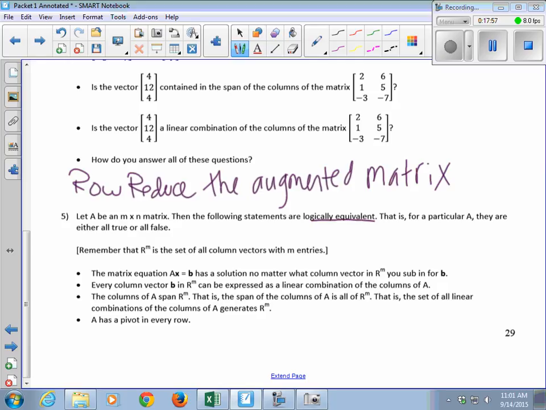If you take a linear combination of the columns of A, you can make any vector you want in Rm space. All of these are saying that. And A has a pivot in every row. If those 3 things are true, and they're just slightly different ways of saying the exact same thing, that only happens if A has a pivot in every row. A being the coefficient matrix, not the augmented matrix.